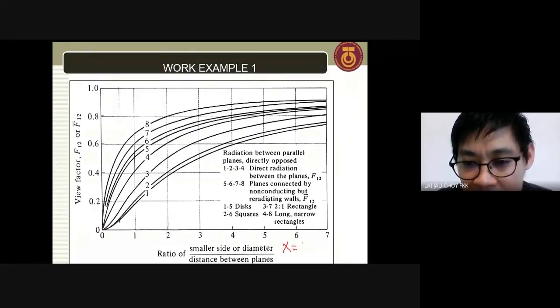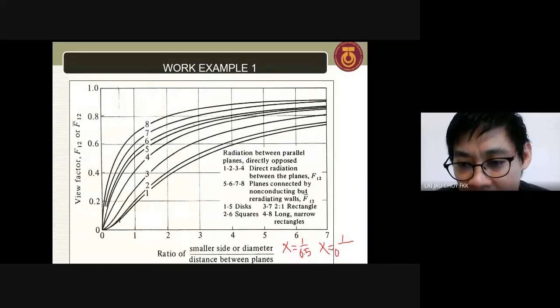Originally x was 1/0.5. Now after adding the new shield, x becomes 1/0.25, so it becomes 4.